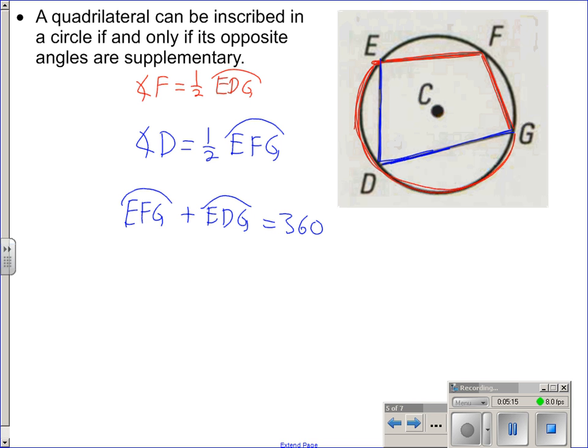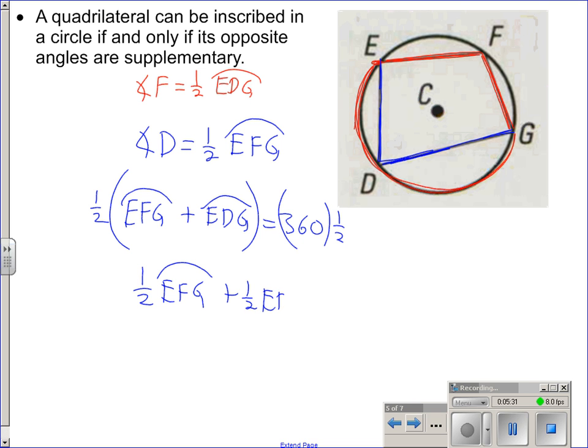So if you multiply each side by 1/2, you have 1/2 arc EFG plus 1/2 arc EDG equal to 180 degrees. 1/2 of arc EFG is angle D from above. 1/2 of arc EDG is angle F, just making substitutions from above, to equal 180.